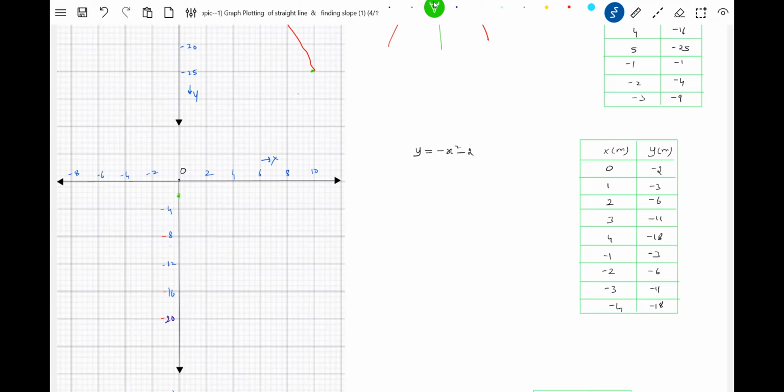X equal to 1, -3. X equal to 2, -6. X equal to 3, -11. X equal to 4, -18.